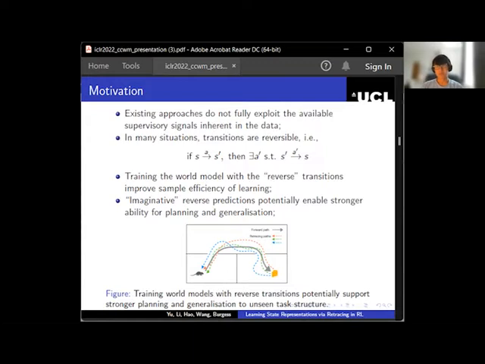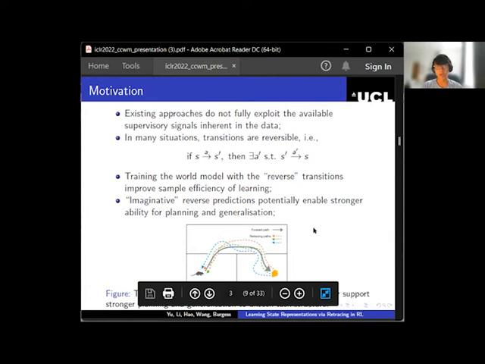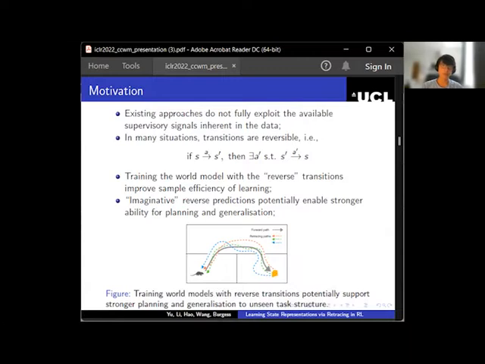All such imaginative trajectories cross the two doorways, which are essential to the success of the navigation task. So given the multiple imaginative reverse simulations, the rat could quickly learn to identify the key bottleneck states of the state space that are essential for the navigation task. This might lead to stronger generalization.